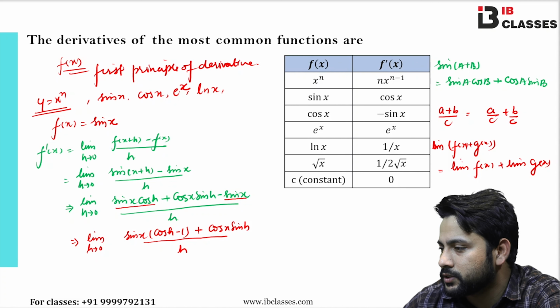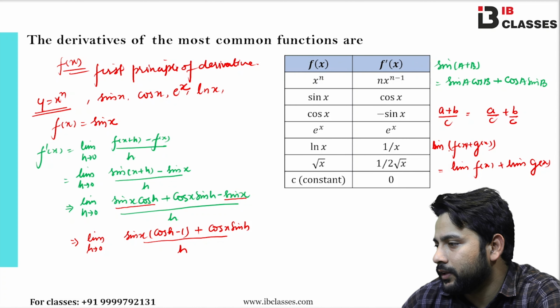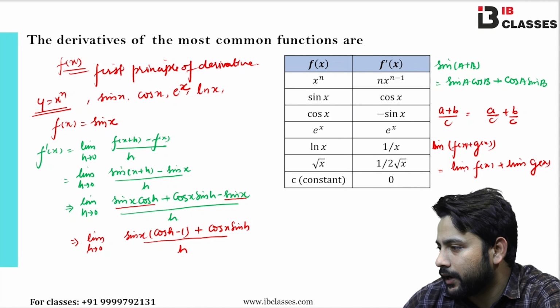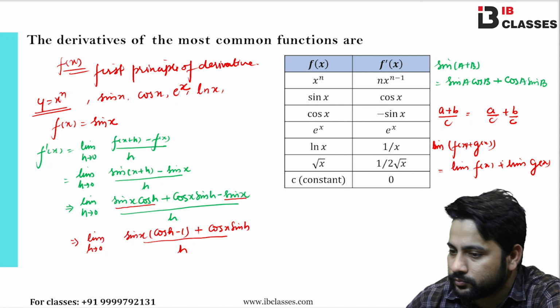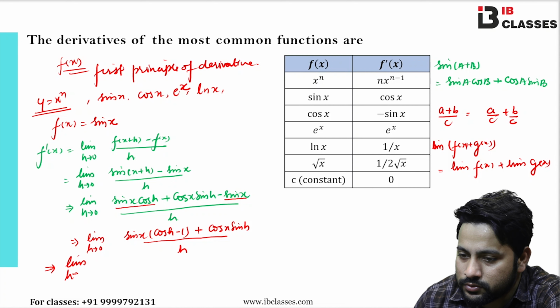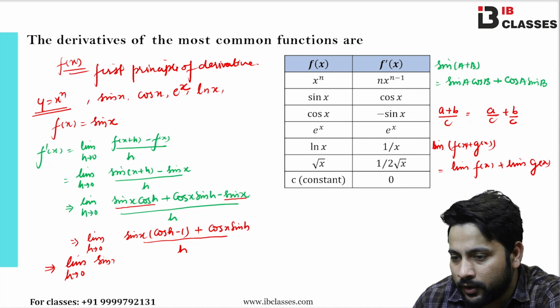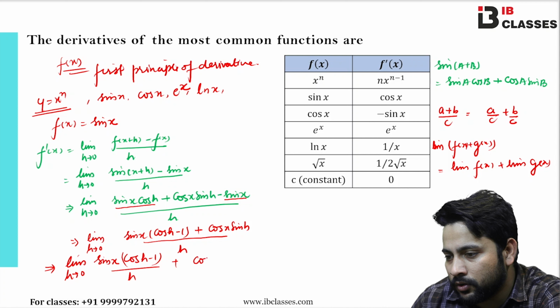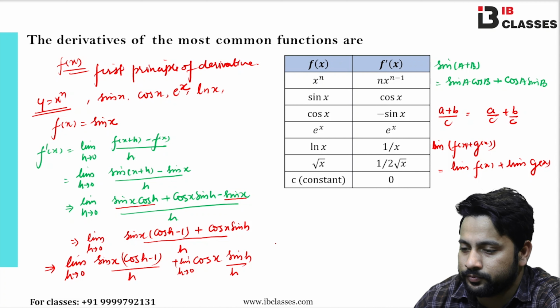So if we have two functions and we have to find the limit of their sum, we can find the limit of the individual functions and add them. So here it will be limit h tends to 0 of sine x (cos h minus 1) over h plus limit h tends to 0 of cos x sine h over h.